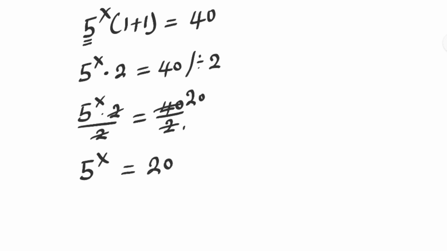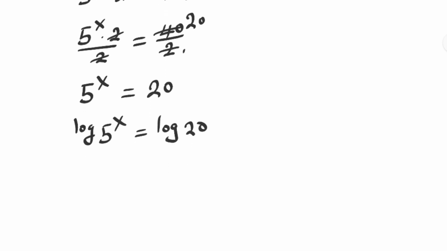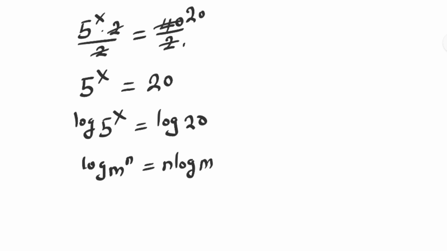Let us take the log on both sides of this equation. Log 5 raised to power x is equal to log 20 if you use general logarithm method. Then take note of this, that if you have log m raised to power n, this is equal to n log m.